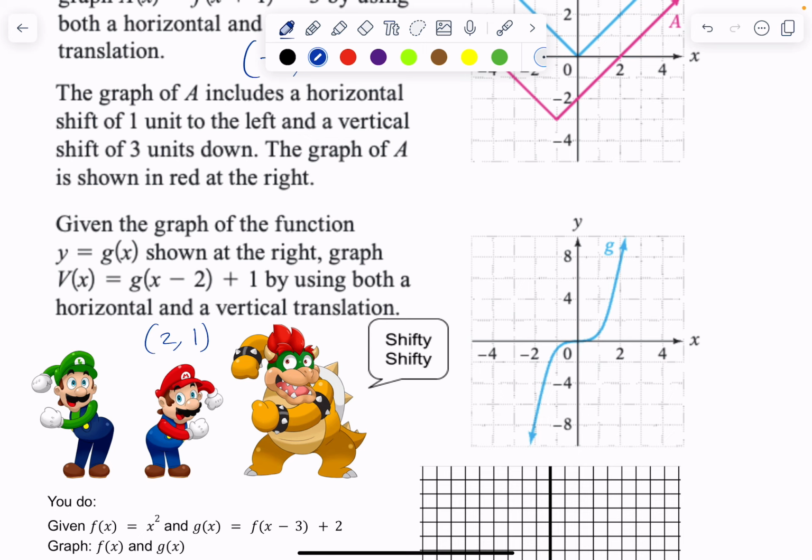Because I have it as a negative, so it's opposite, which is positive, and this one stays the same on the outside of the parentheses. So that is to the right 2, up 1. I choose a different color, and it's going to go up. That was not pretty. And down.